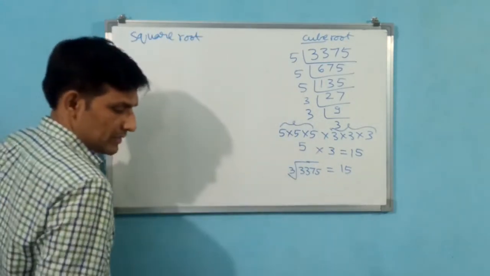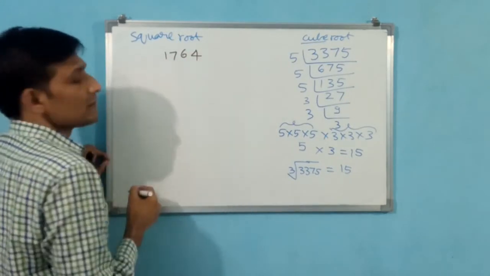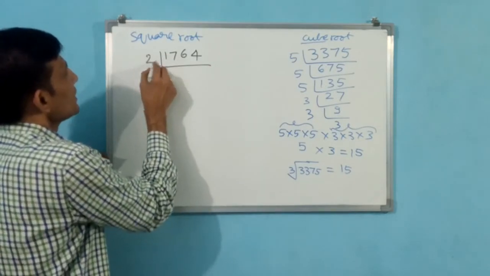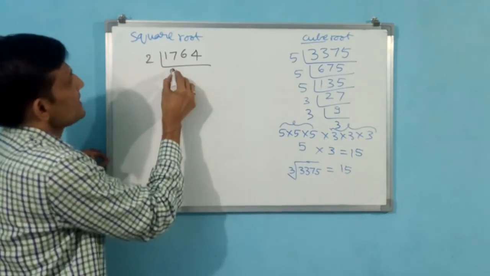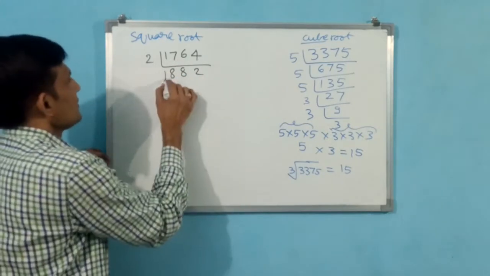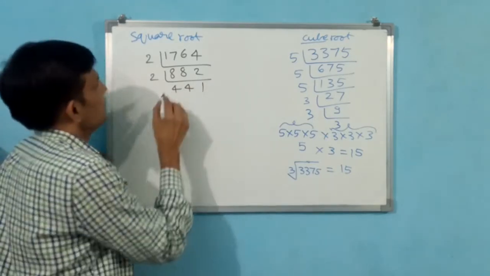This is factorization method. 1764. We do square root. Let us take 2 8s, 16, 2 8s, 2 2s, 2 4s, 2 4s, 2 1s. Okay.